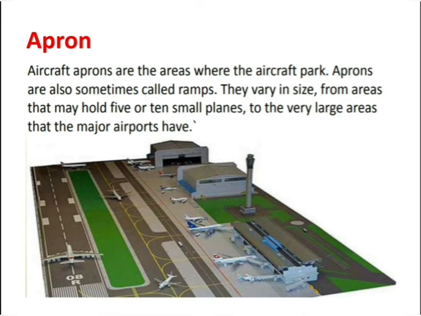It depends upon the size of the airport. If more flights are coming, it will be a big airport with a big apron. If it is a small airport, fewer airplanes arrive and depart, so it may contain a small apron.